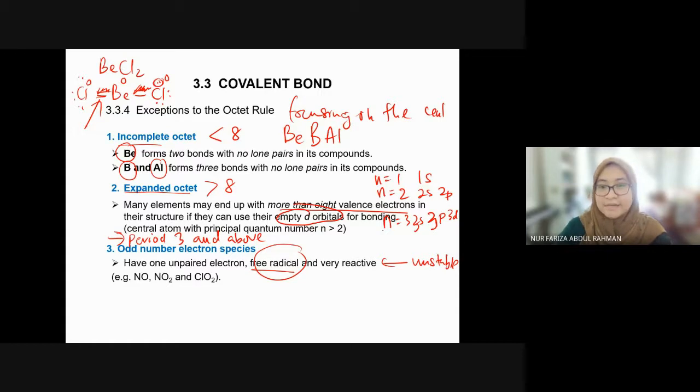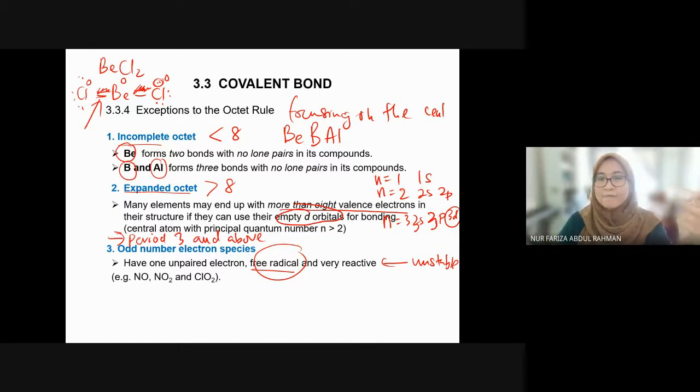That means for n equals 3, it can be expanded when necessary. Why can it expand? Because it has a d orbital. Starting from period n equals 3 and above, it has a vacant or empty d orbital. The electrons can be added into the d orbital. That's why it can expand.